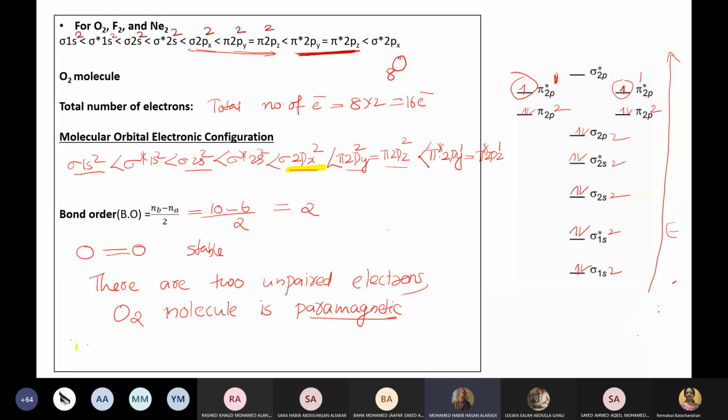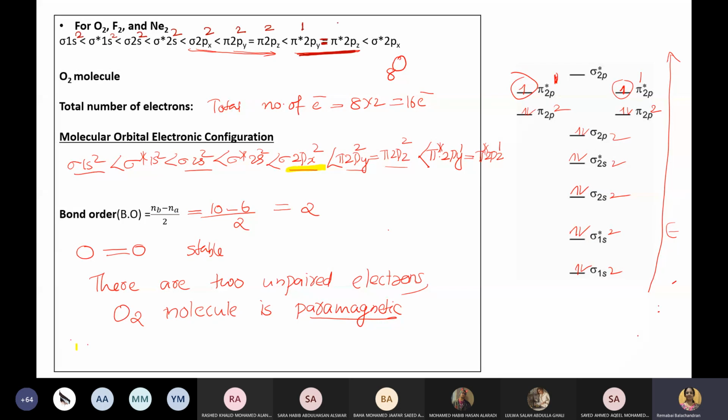Pi star 2p. Pi star 2py or pi star 2pz. See, these two have the same energy. Can you see the equal sign? Yes, so they have the same energy.